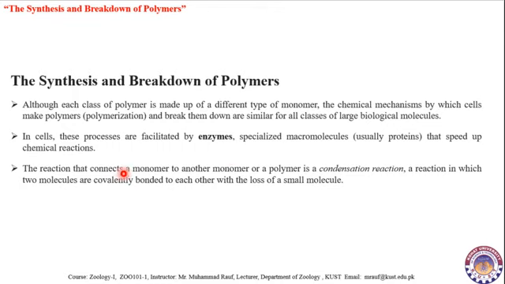The reaction that connects a monomer to another monomer or a polymer is called a condensation reaction. So when two monomers combine, the reaction which takes place is a condensation reaction. In that reaction, two molecules are covalently bonded to each other with the loss of a small molecule.